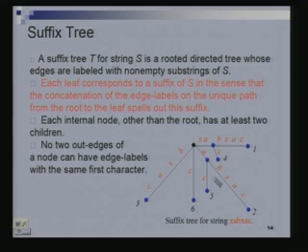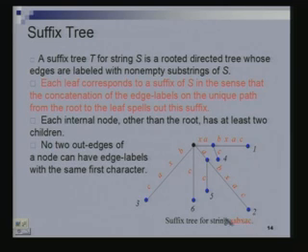ये जो numbers लिखे हुए ये क्या हैं? Numbers, the starting position of that suffix. So this corresponds to XAB, XAC. What is the starting position? 1. This corresponds to XAC. Starting position 4. This corresponds to AB, XAC. Starting position 2.